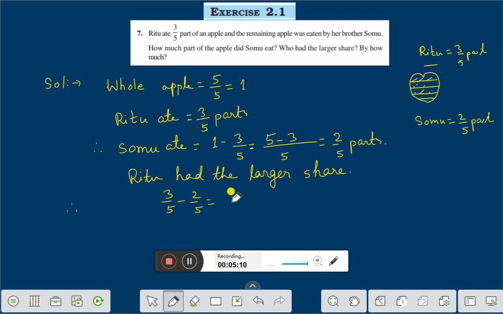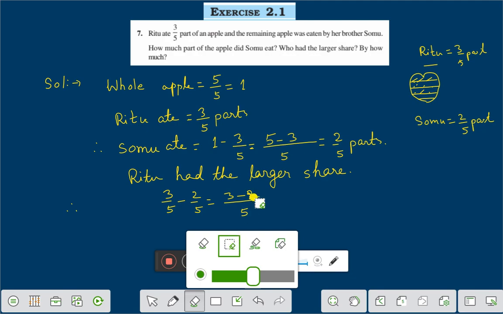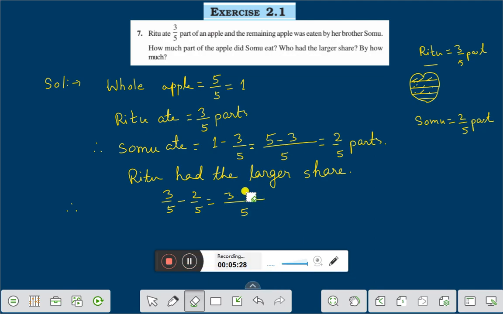Here you find that the LCM is 5, and it is 3 minus 2, and it comes to 1 by 5 parts.